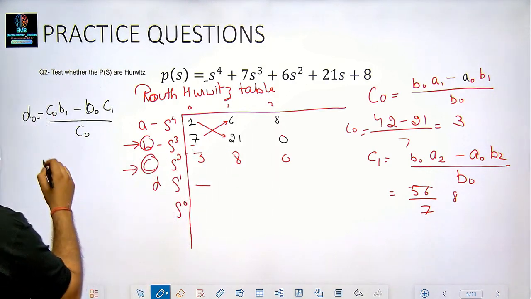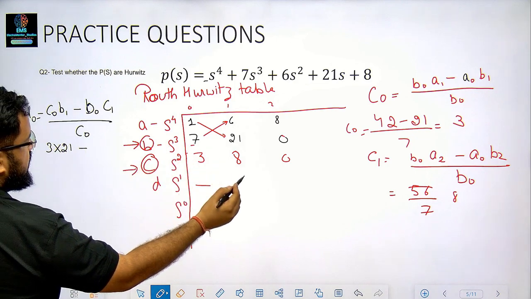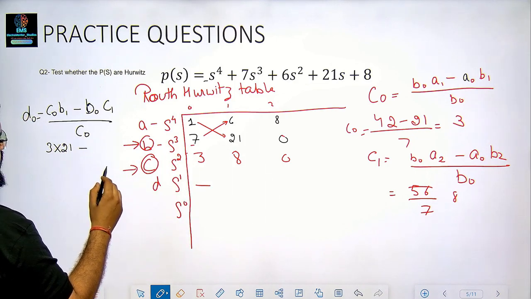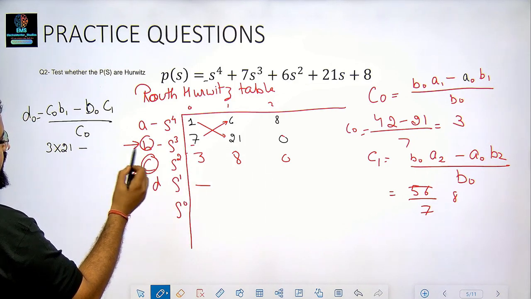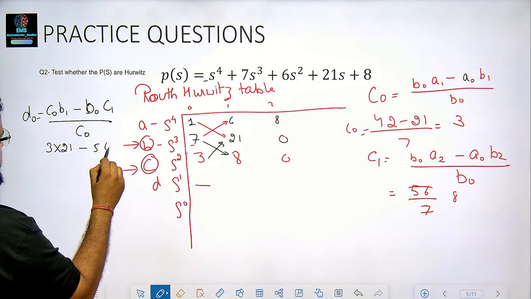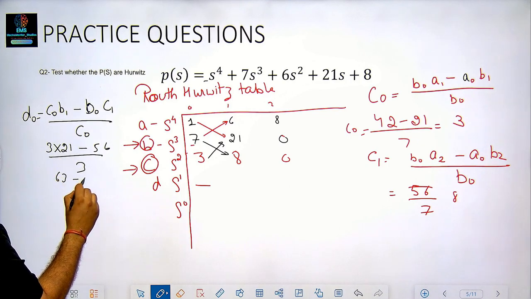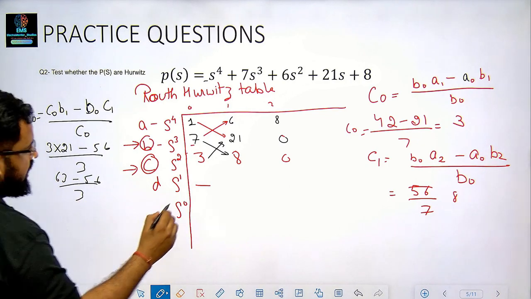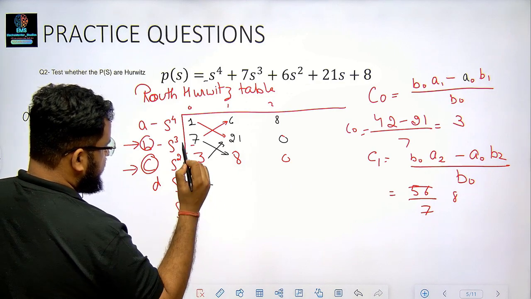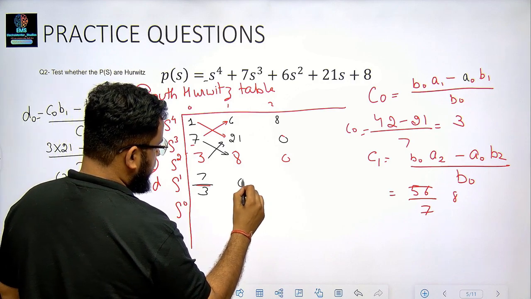So it is 3 into 21 minus 7 into 8, that would be 63 minus 56, divided by 3. This becomes 7 by 3. Now the next two terms will automatically be 0.